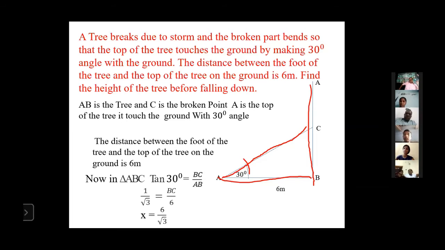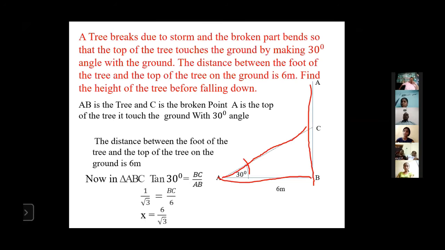For this angle, AB is the adjacent side and AC is the hypotenuse. Am I right?